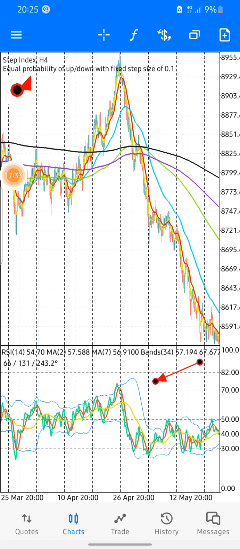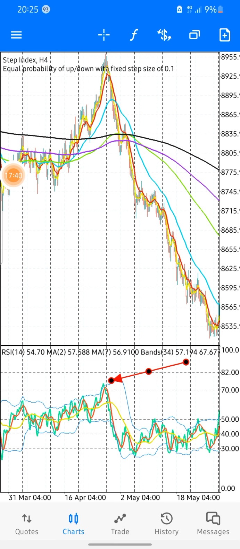So we come here, if you can see there, where my arrow is pointing, the green movement that went out of the Bollinger Bands then returned. That kind of movement whereby price shoots out of the Bollinger Bands and then returns is what we call a shark fin.